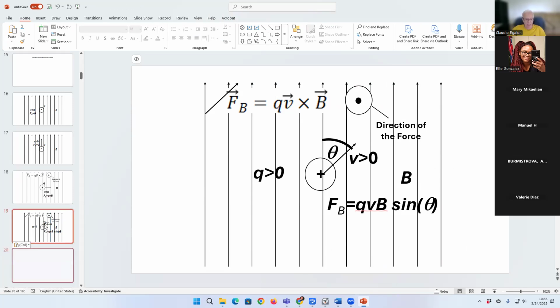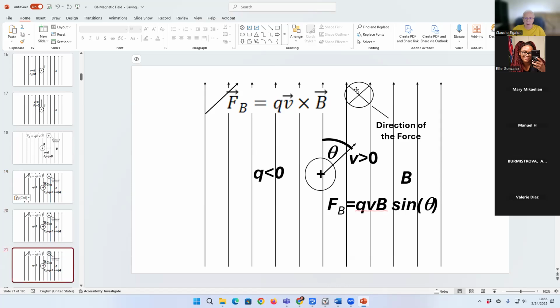Let me do it in a better way here. Let's see if I can get it. I want to give you the illusion, right, that only the vector is changing.